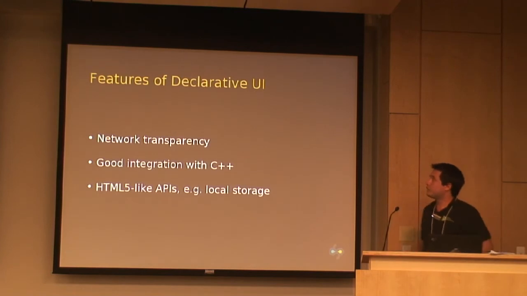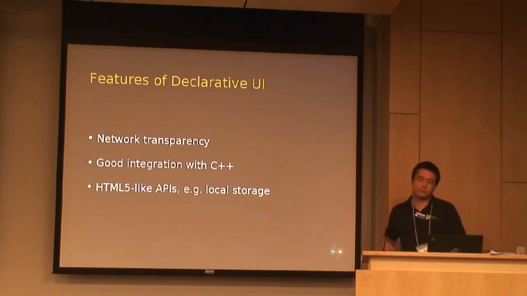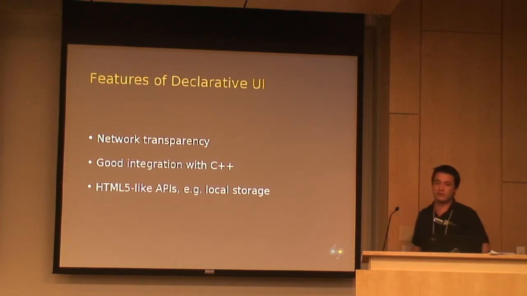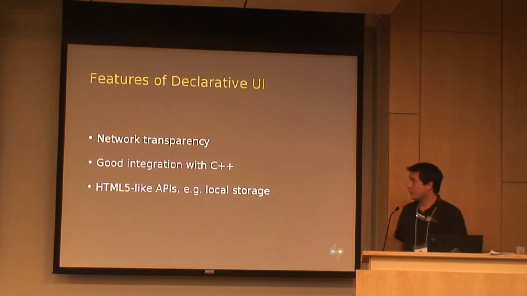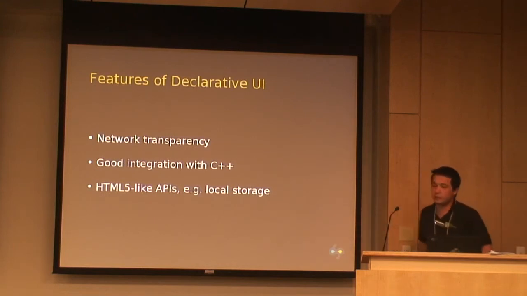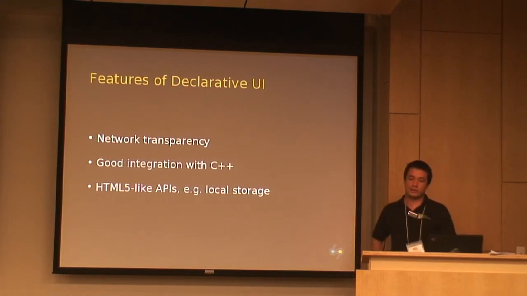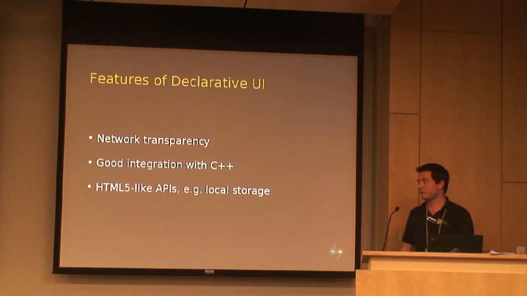So, other features of the Declarative UI project, the project is still ongoing, probably to be released in Qt 4.7, but some of these features are already there, like network transparency, so you can load pieces of interface from a web server instead of loading local files.